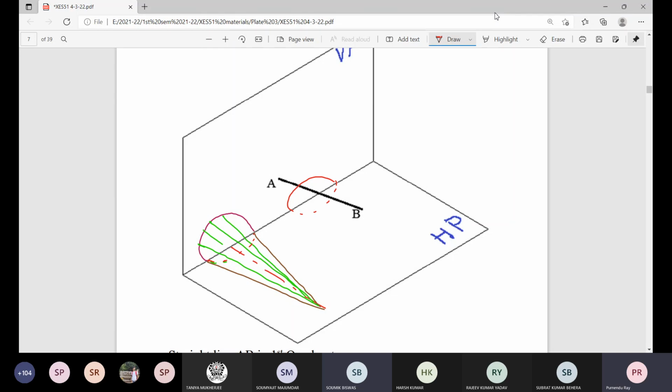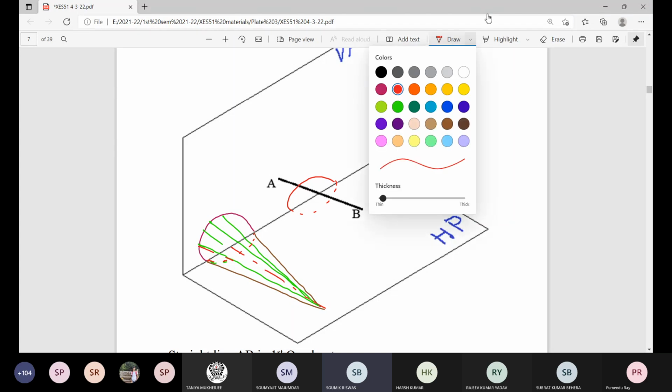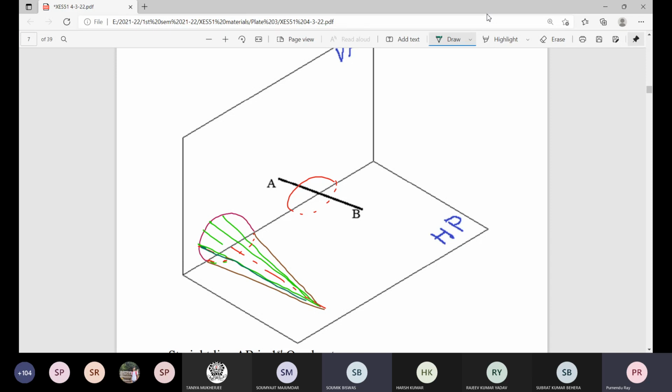The surface is formed by infinite position of the generator. This is one position of the generator. This is another position of the generator. This is another position of the generator. Here also, in this way, we form that half cone surface. This is the center line.